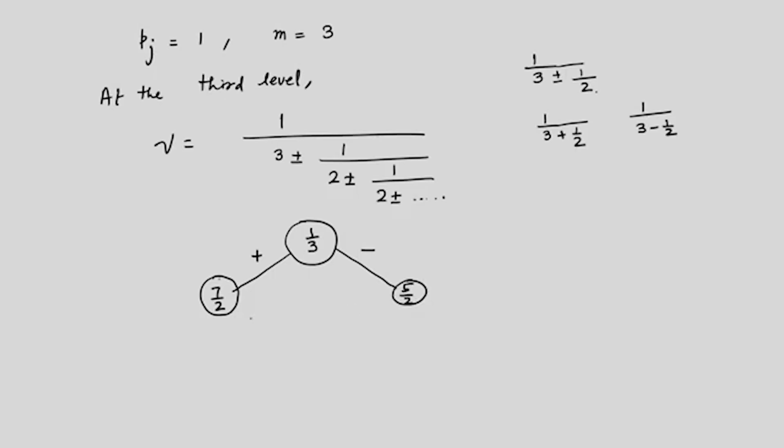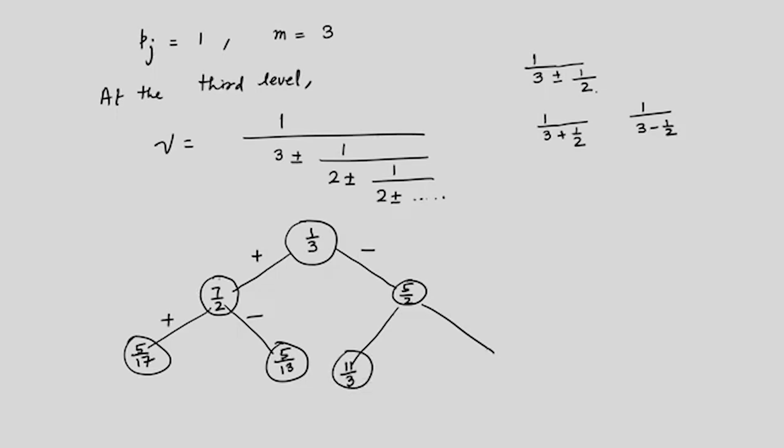So, these are the fractions that are there, and let me go to another level. So, this plus branch here gives you 5 over 17, and of course, there is a 5 over 13 from the minus branch. Now, this one will have a plus branch and a minus branch as well, and this is coming out as 11 by 3, do it carefully, and 7 by 3 coming from the plus branch and the minus branch.